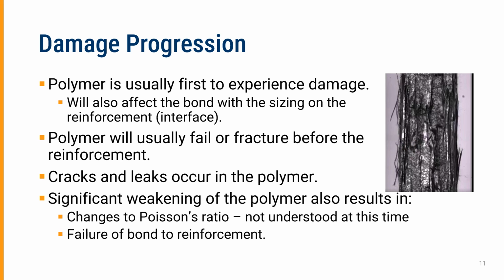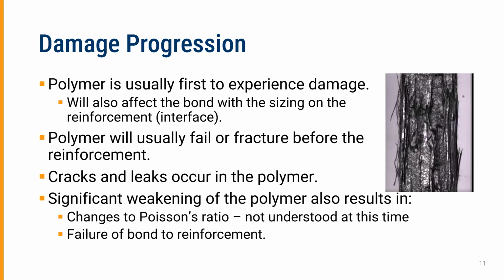But you can see how we've got cracking throughout the polymer. So the polymer has failed, but the fibers have not yet failed. I'll discuss this a little bit later in this video as well, but we normally will consider that cracking in the polymer is failure initiation, and that's the point that we work toward.